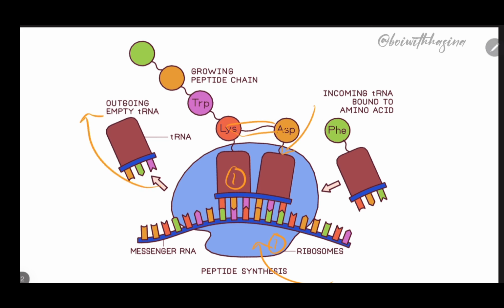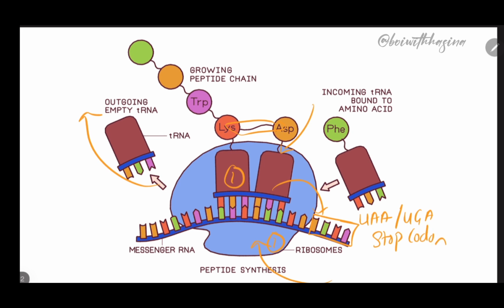And when the ribosome reaches UAA, UAG or UGA, that is your stop codon, it is going to stop the translation. So this was for today, and that's how our translation is going to end right here.